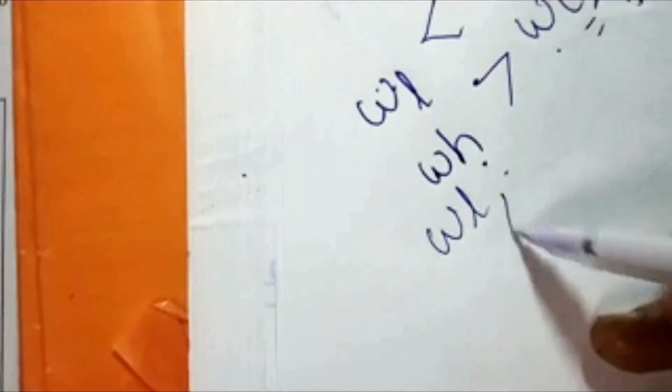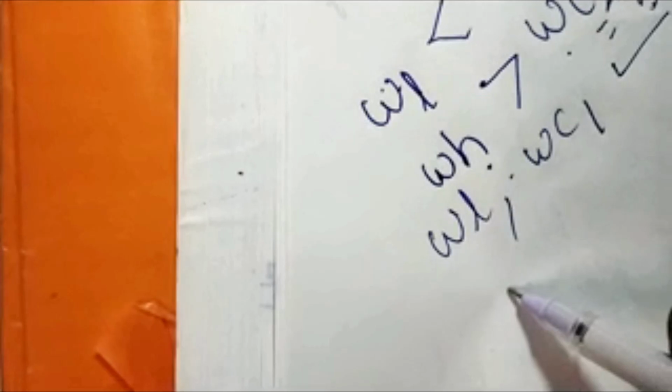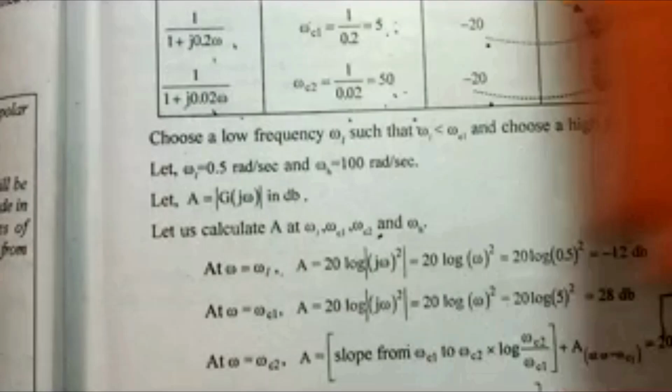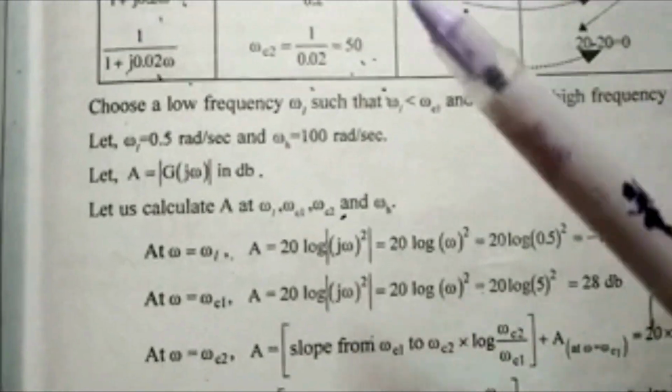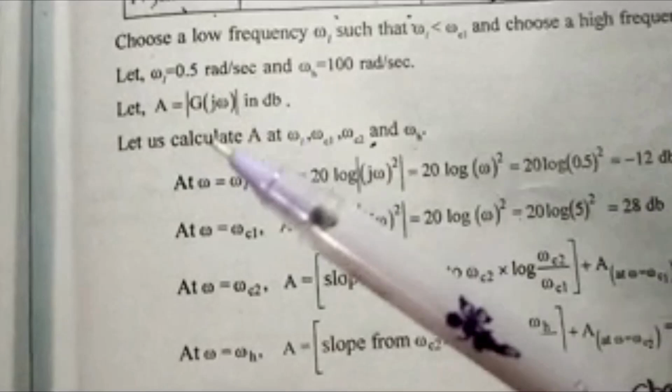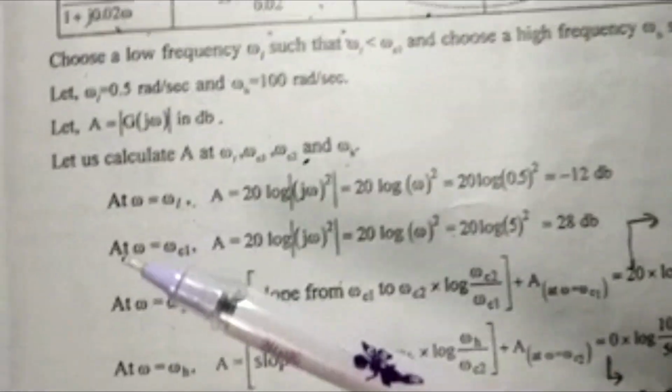Omega L, omega C1. For the first term, magnitude is to be calculated for two frequencies, omega L and omega C1, using the formula 20 log of the magnitude. So just observe, go through the steps.